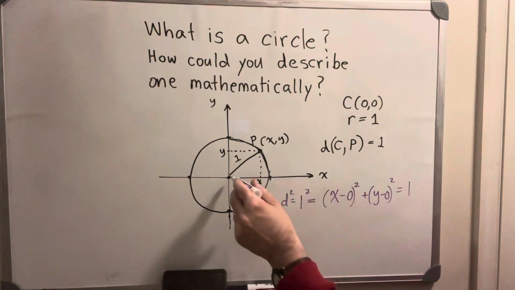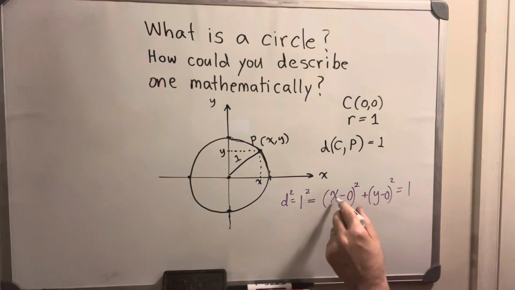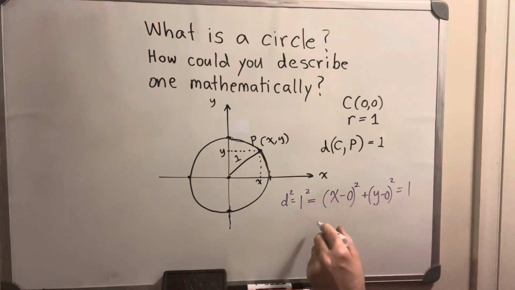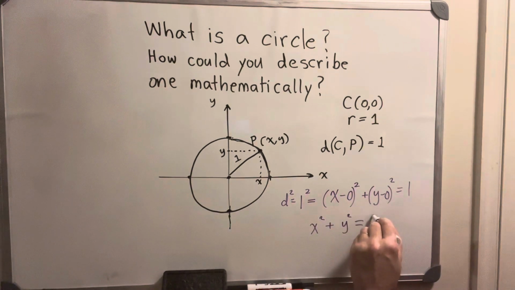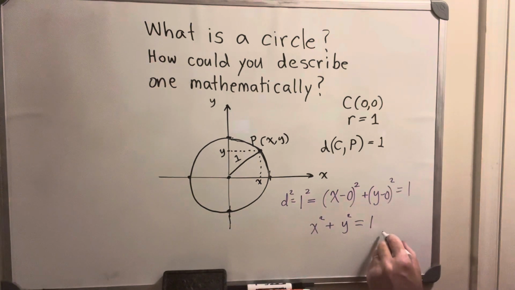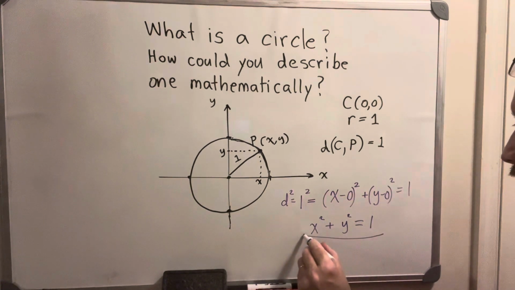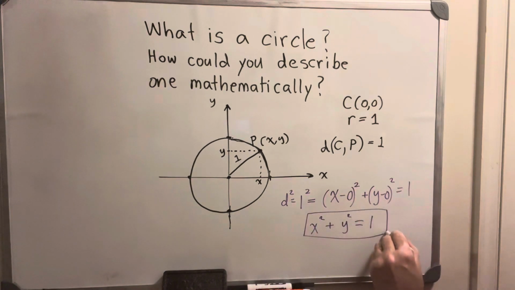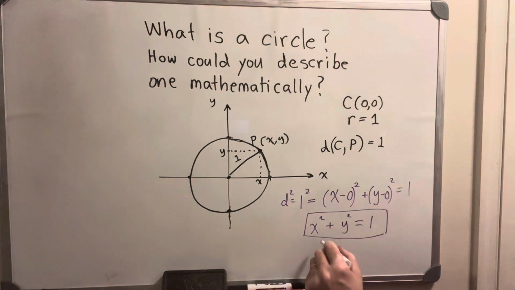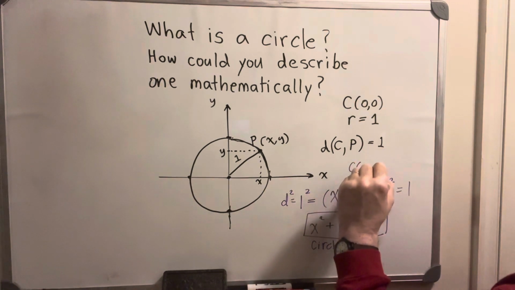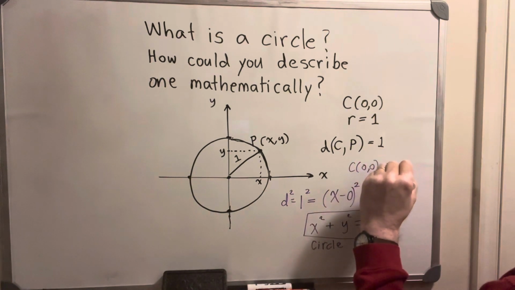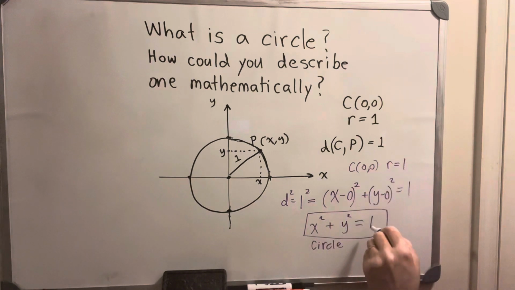Also, in this simplified example, anything minus 0 is itself, so we can also just write it as x squared plus y squared equals 1. So this equation right here describes a circle with center 0, 0 and radius 1.